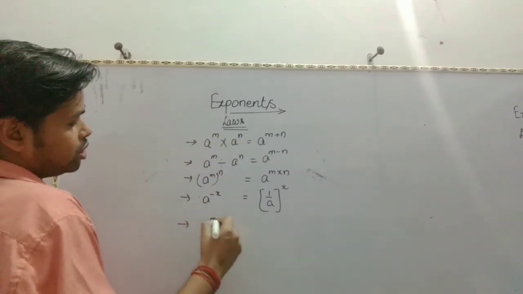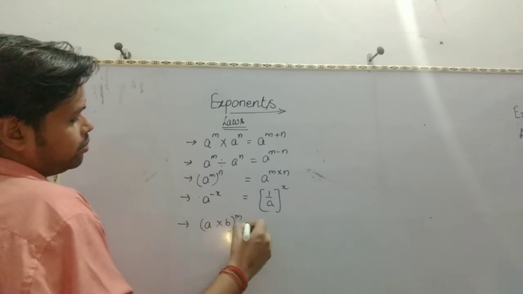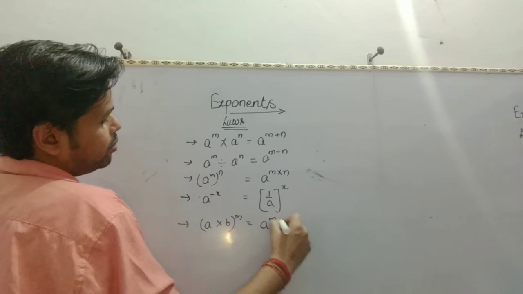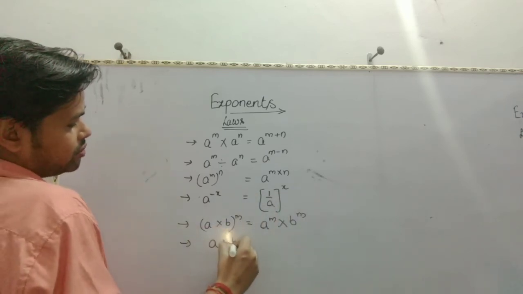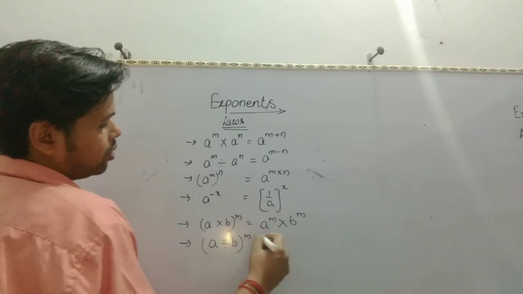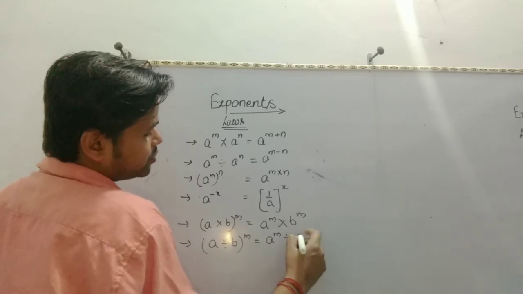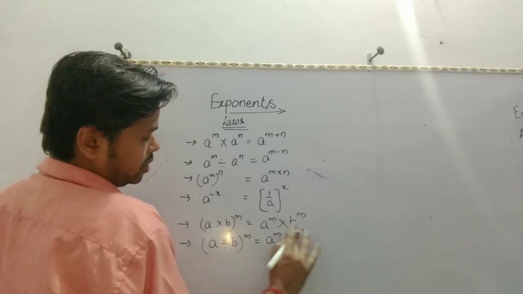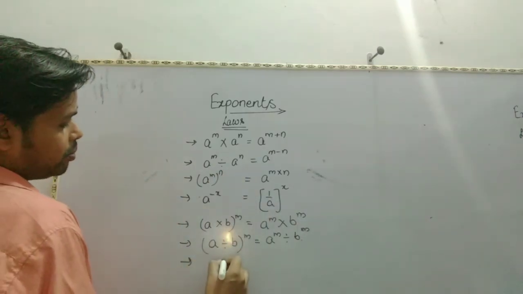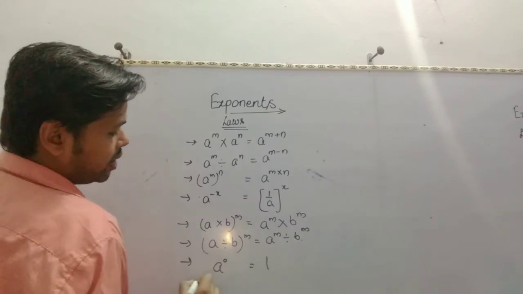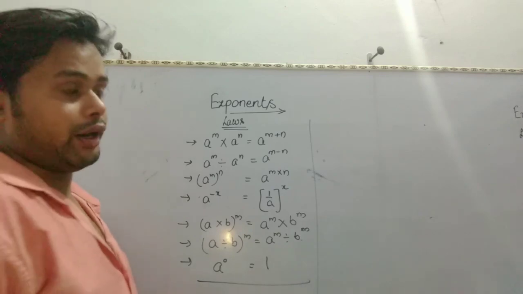That is, a into b to the power m gives you a to the power m into b to the power m. In the case of division, the exponents are also distributive: a by b to the power m is a to the power m divided by b to the power m. And the last one, any base with power 0 gives 1 as the final answer. So these are the 7 laws of exponents which are required to be understood.